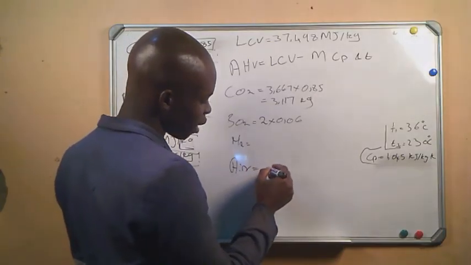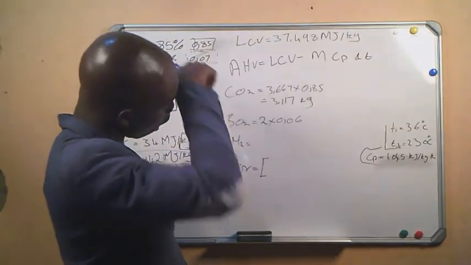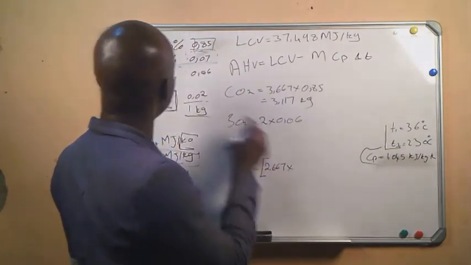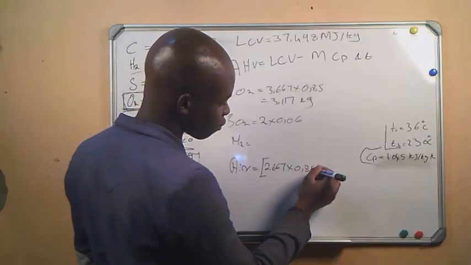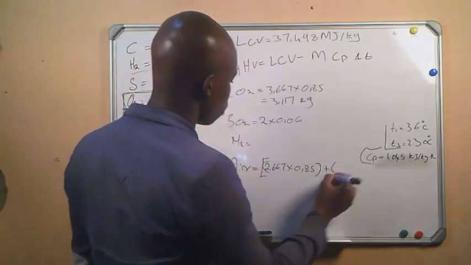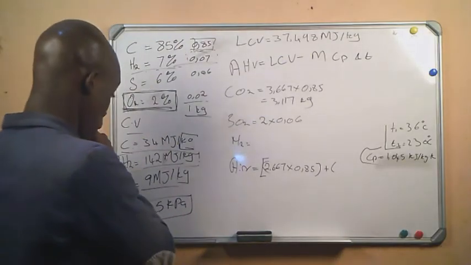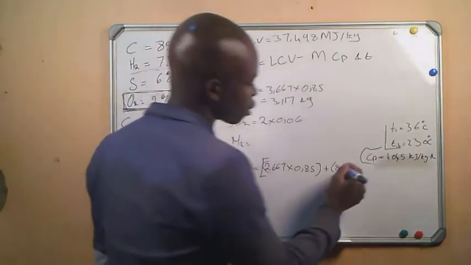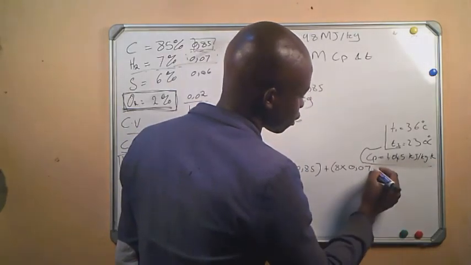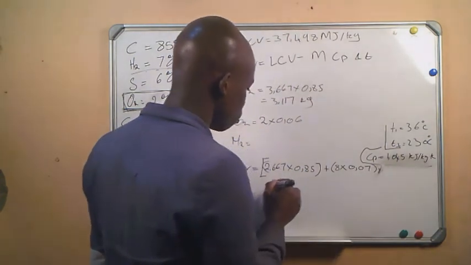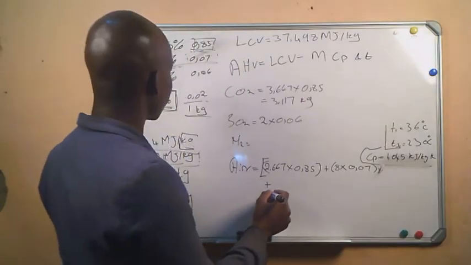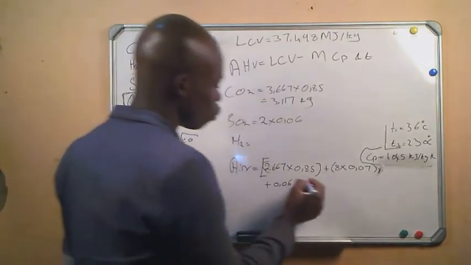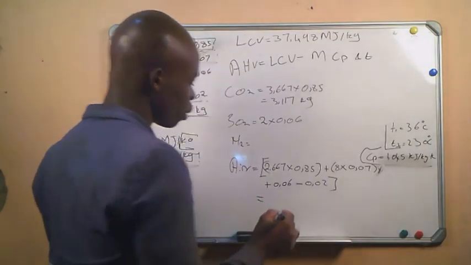To calculate the amount of air in the system, we will say carbon first, 2.667 times the amount of carbon in the system, which is 0.85, plus hydrogen, which is 8 times 0.07, plus the amount of sulfur in the system, which is 0.06, minus the total amount of oxygen that is already in the system, which is 0.02.